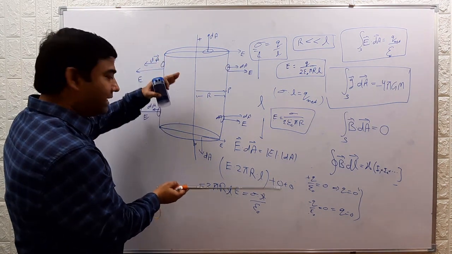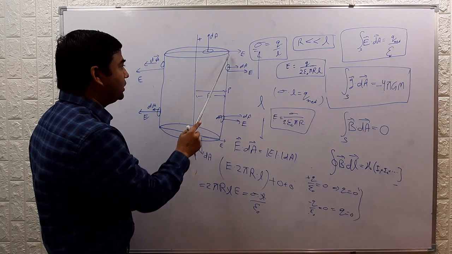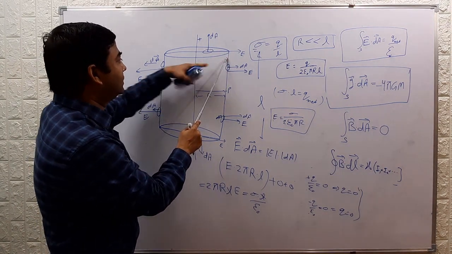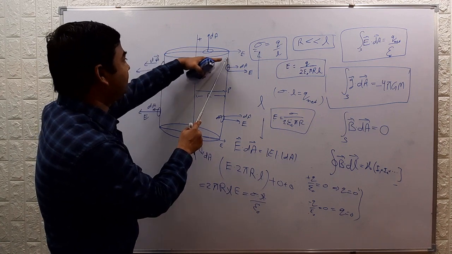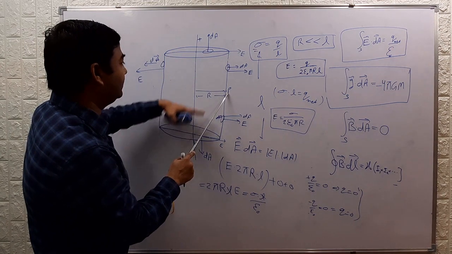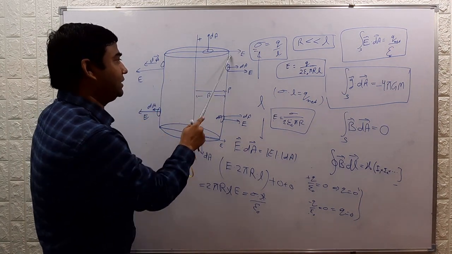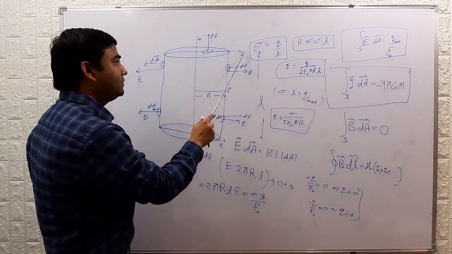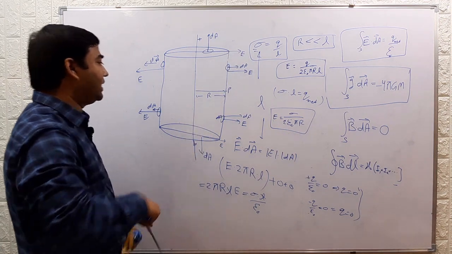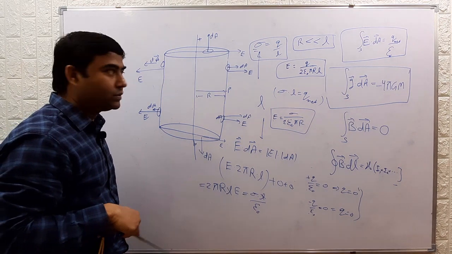When this wire has finite length, these points will not be symmetric, because the charge faced by this point will be less, and the charge faced by this point will be more. So they may have different electric fields, whereas we have assumed uniform electric field throughout this curved length because the wire was of infinite length.